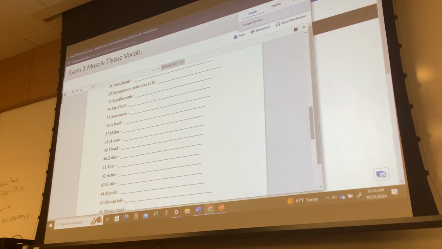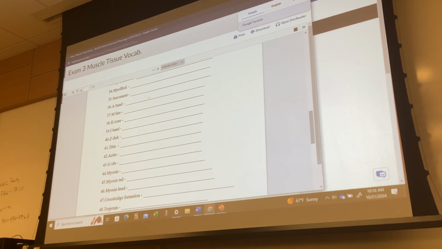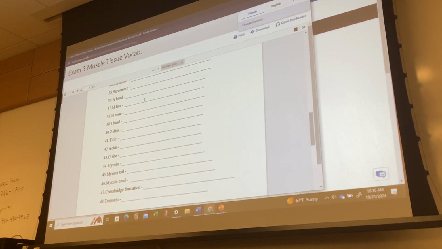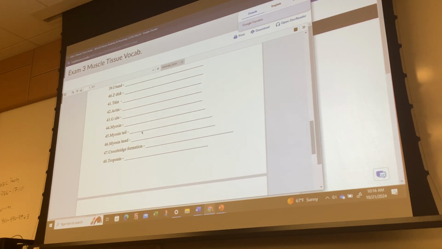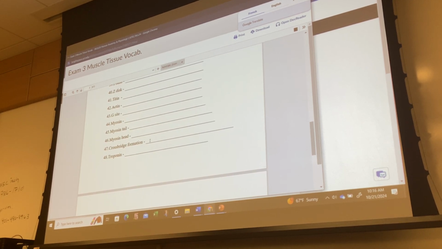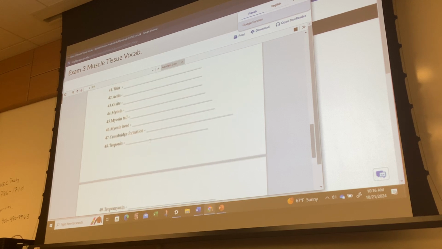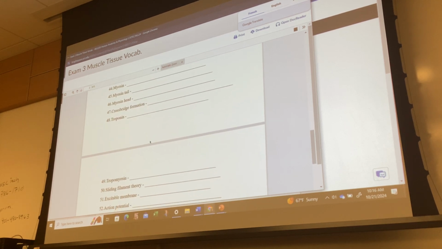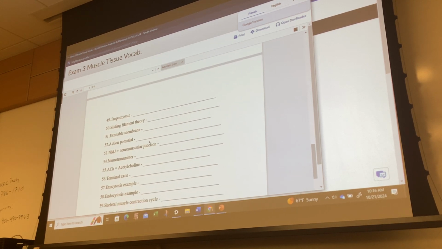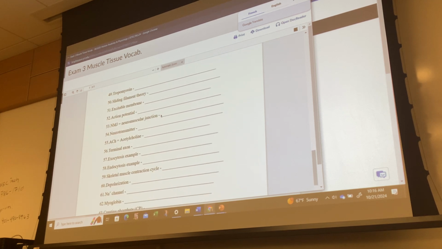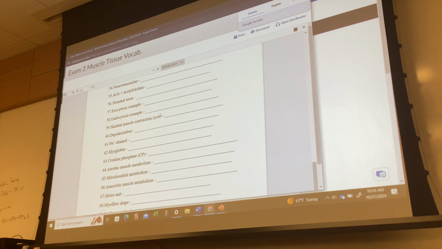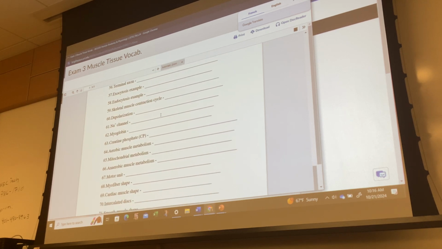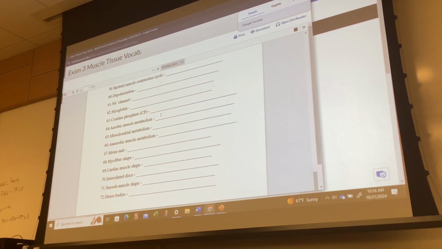The structure of the sarcomere, we're already at 50 terms. The sliding filament theory, the neuromuscular junction, acetylcholine, terminal axon, endocytosis and exocytosis, we're up to 60 terms.